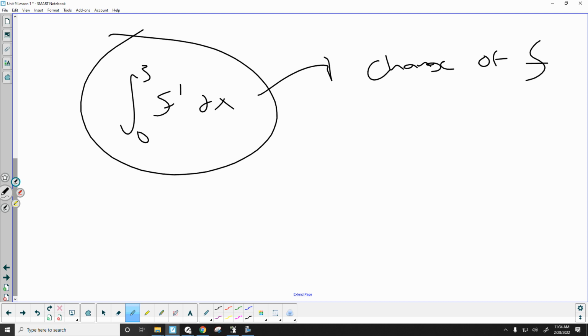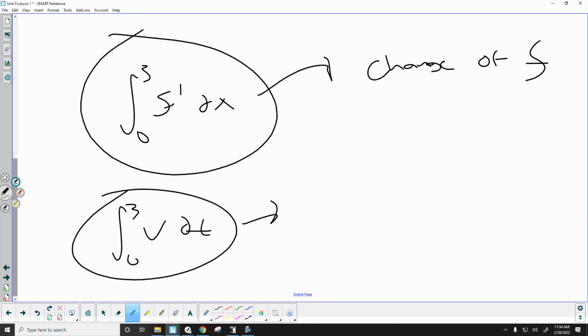It's not an average change. It's just the change in F. It's the displacement of F. What is this? No, it's the change in X. It's the displacement of position.